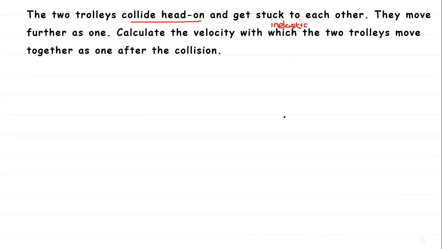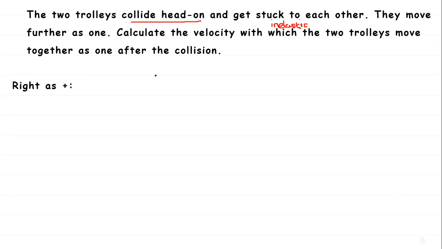So when they get stuck with each other, we know after the collision, these trolleys are going to move with the same velocity. Then they move further as one. Then they say calculate the velocity with which the 2 trolleys move together as one after the collision. And hence I'm saying the velocity is going to be the same because now they are moving together as one.